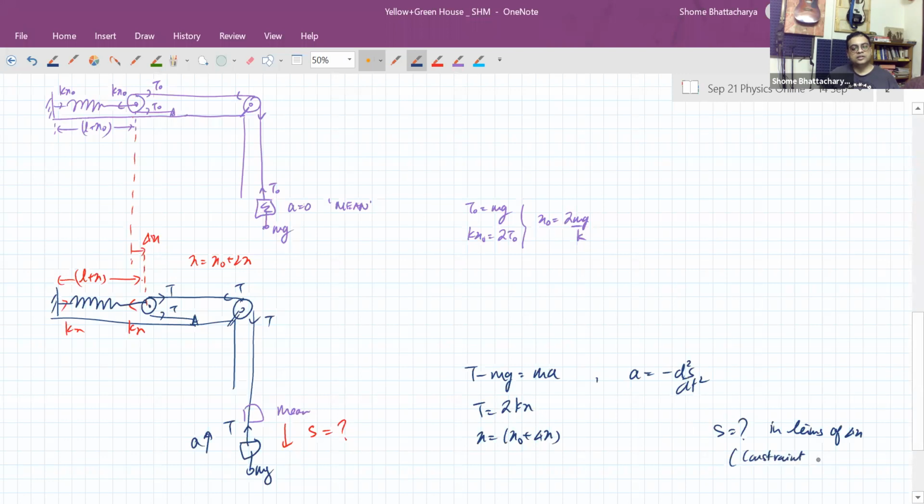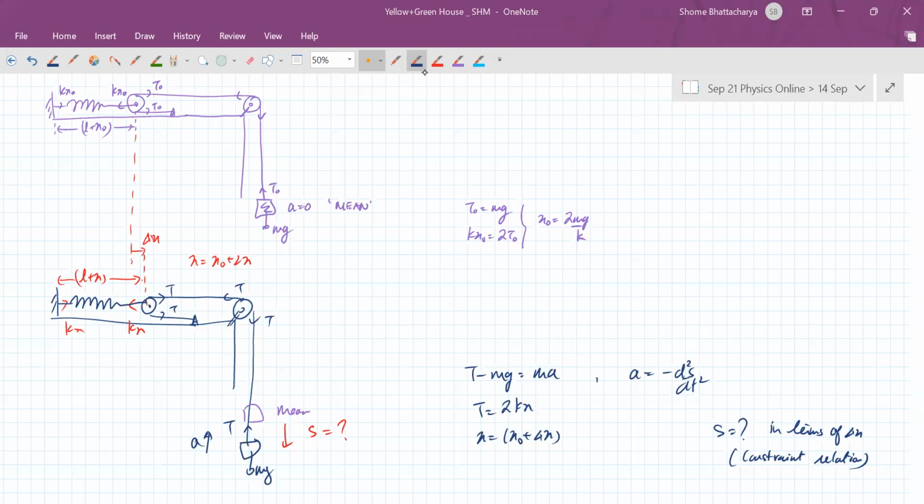Please work out the constraint relation and tell me. That is the key to solving this problem actually. Anybody can please work out that constraint relation and either tell me or send it on the text message.